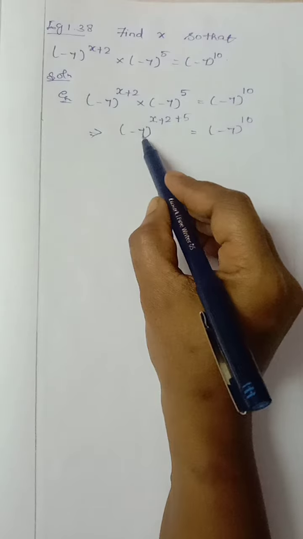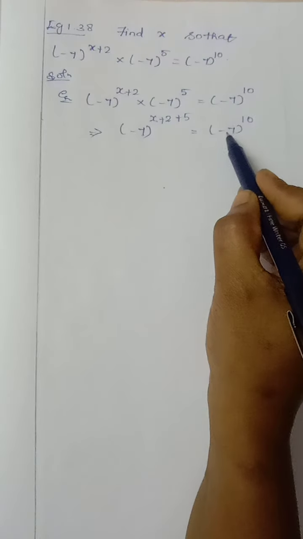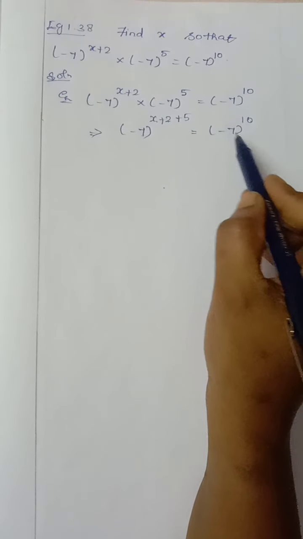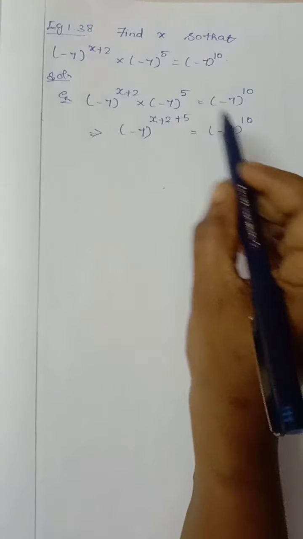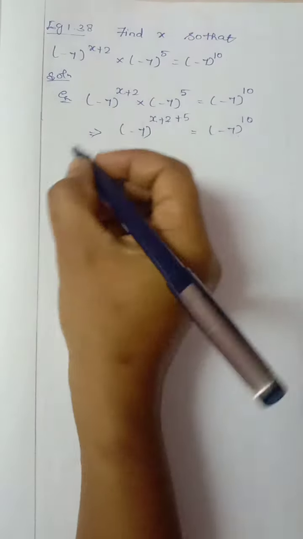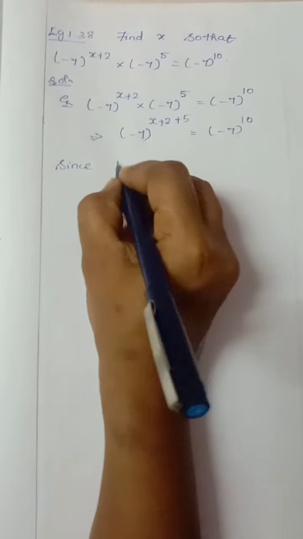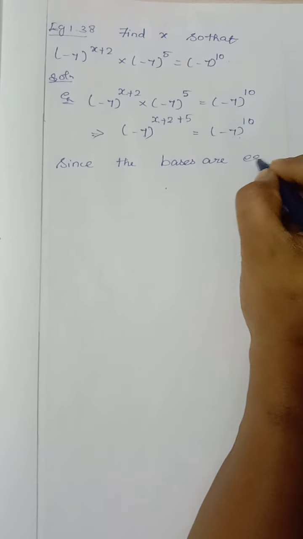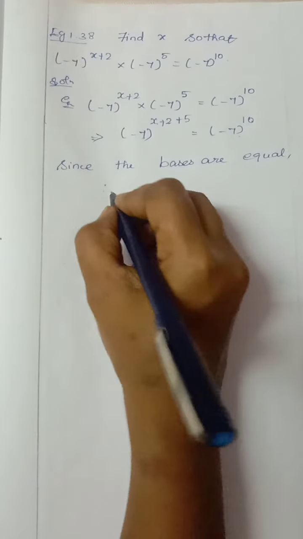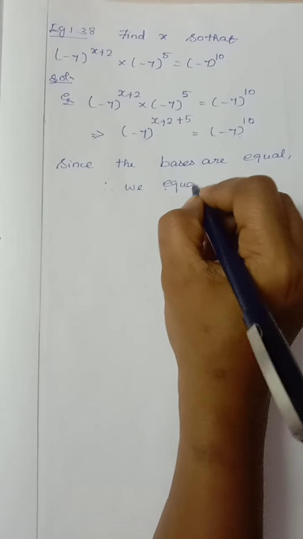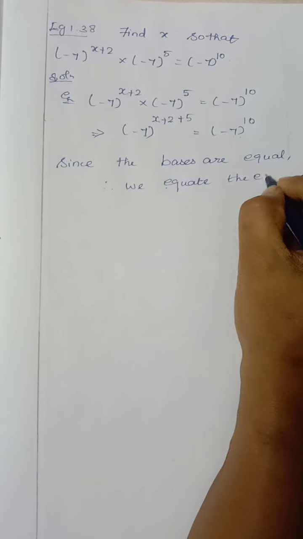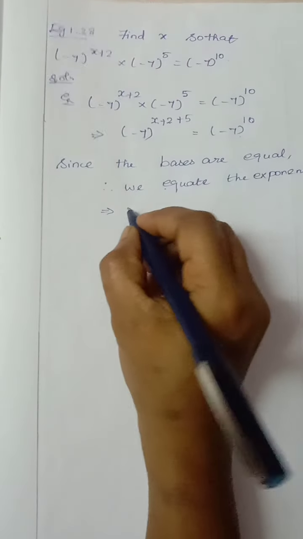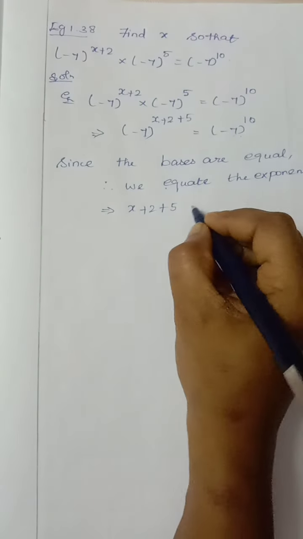Here, on both sides the base is minus 7. Since the base values are equal, we can equate the exponents. Therefore, since the bases are equal, we equate the exponents, which implies x plus 2 plus 5 is equal to 10.